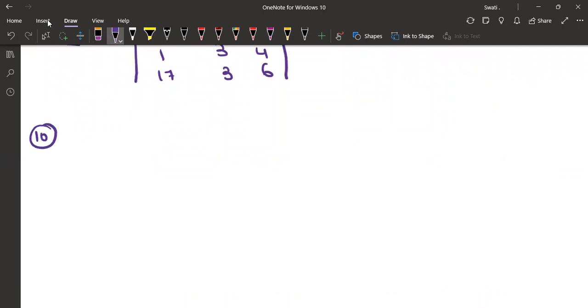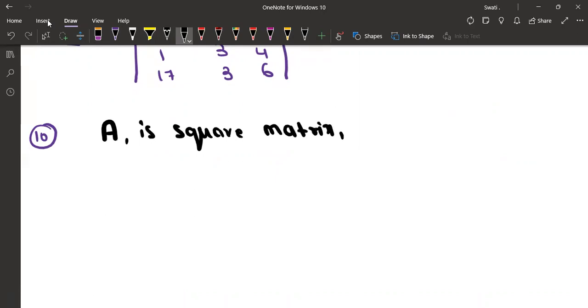In the 10th question, there is one piece of information given about a matrix A, which is a square matrix. So I'm writing it down: A is a square matrix. Another piece of information is that the determinant of A is given as 2. We need to find the value of the determinant of A transpose.